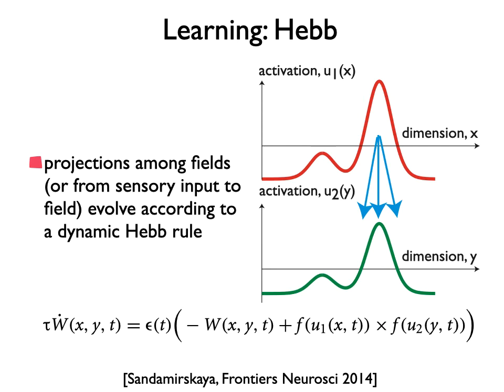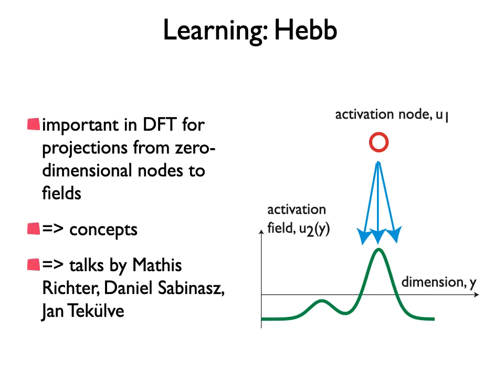Once they have two different fields that some connection matrix W_xy connects and that are co-activated in some way, then the connection strength could evolve according to the Hebb rule. This is a dynamic version of the Hebb rule, goes back to Grossberg many years ago. And so that works. In fact, we'll be using these kinds of learning rules, especially for different dimensional fields.